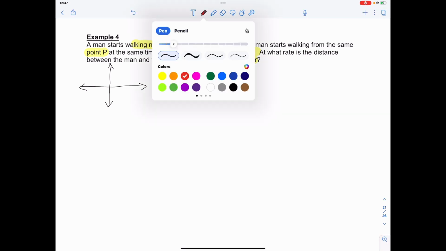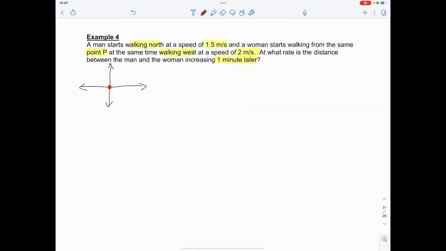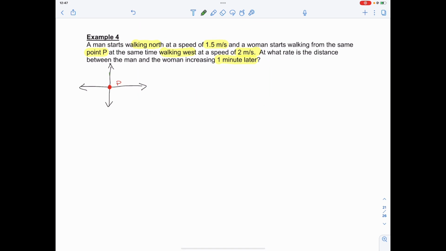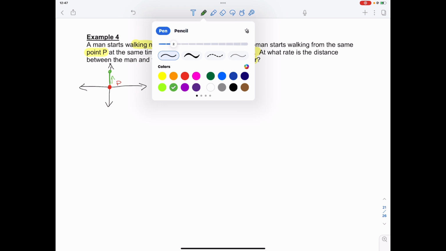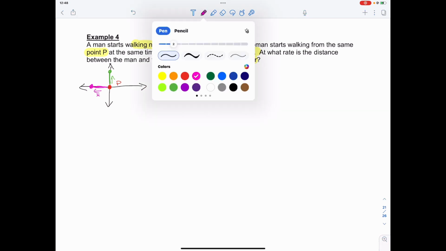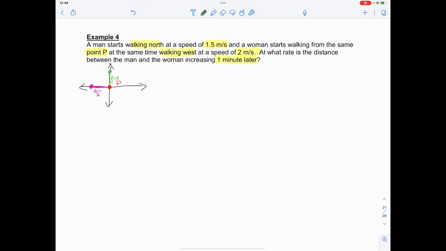I'm going to say the point that they start from is point P. And I know that one of them is walking northbound, and one of them is walking west. So I can refer to those as my x and my y value.